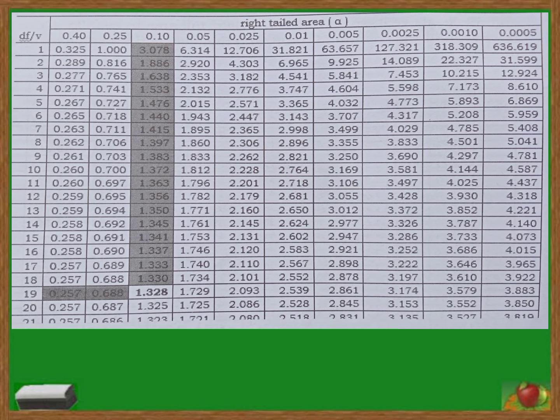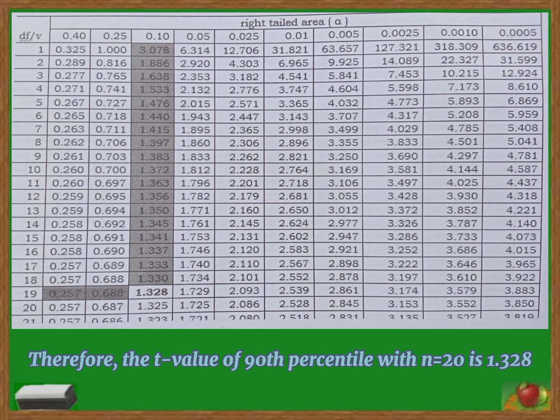Hahanapin natin ulit yung right-tailed area at yung degree of freedom na 19. So, makikita po natin is 1.328. So, therefore, the t-value of the 90th percentile with the sample size of 20 is 1.328.